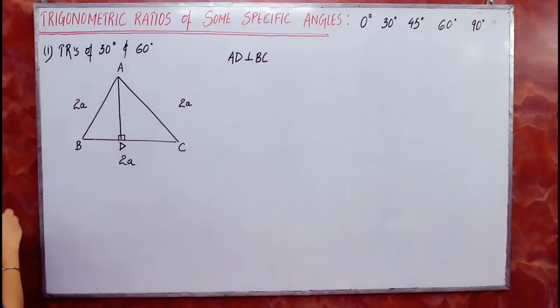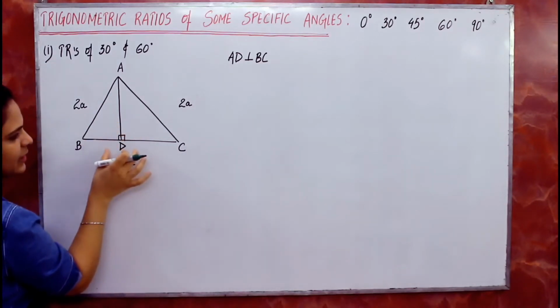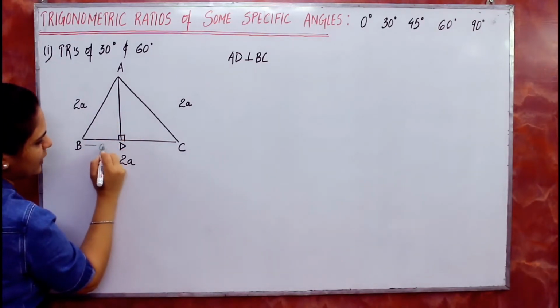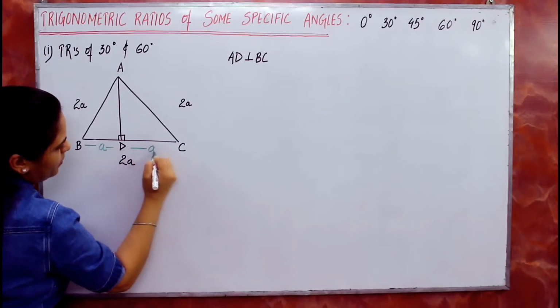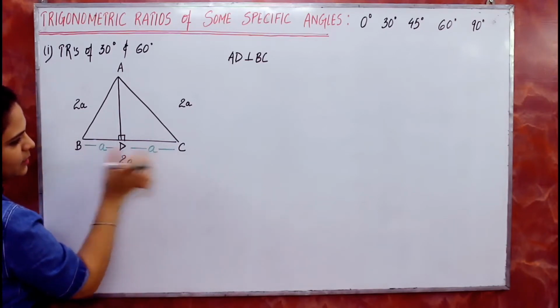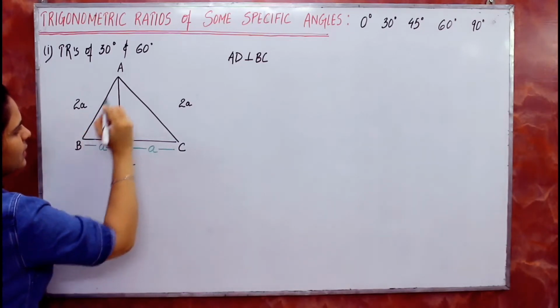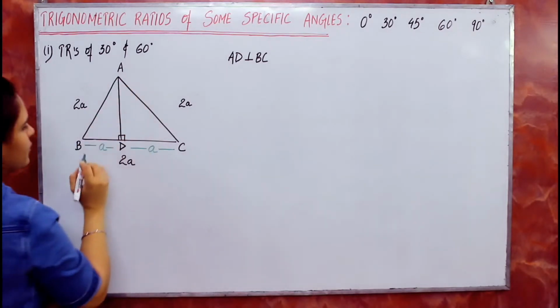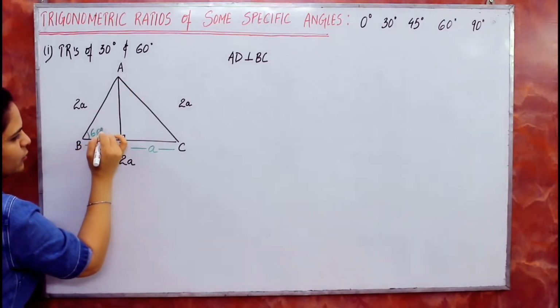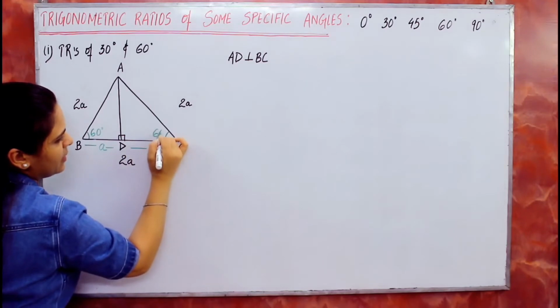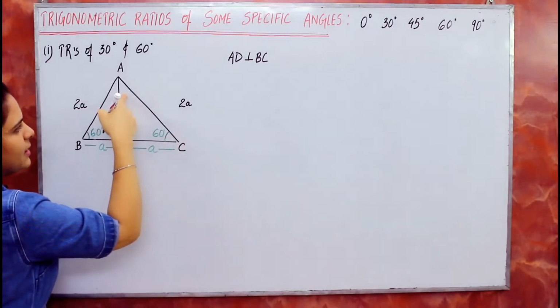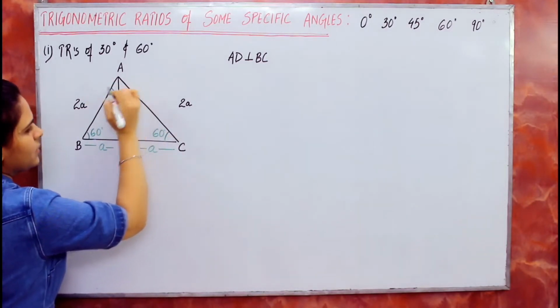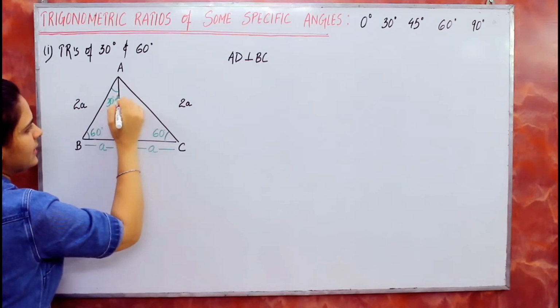Because it's an equilateral triangle, the perpendicular will divide the opposite side into two equal parts. So BD equals DC equals a. And all angles are equal to 60 degree, and angle A will be bisected, so I'm going to write 30 degree each.